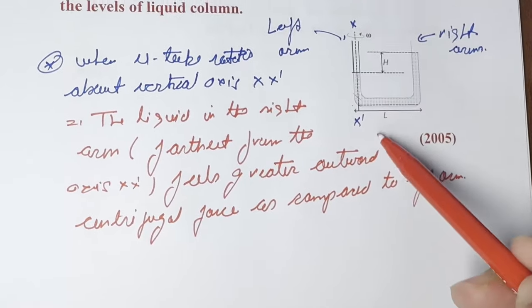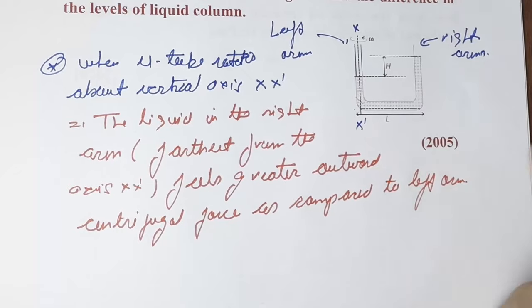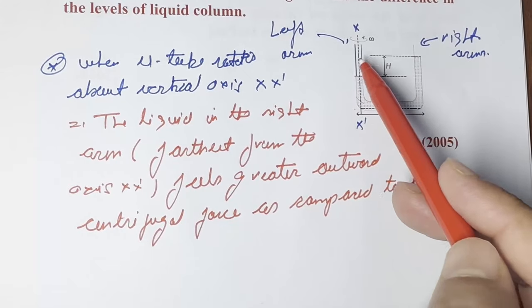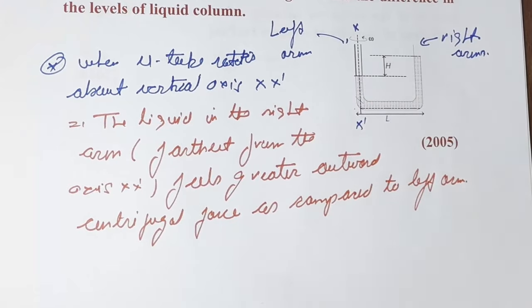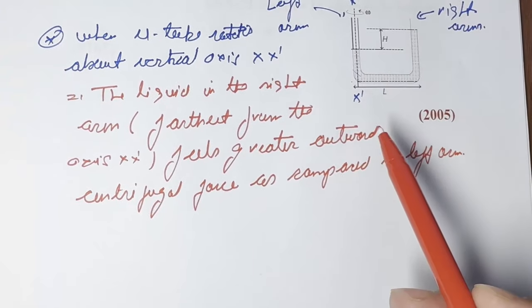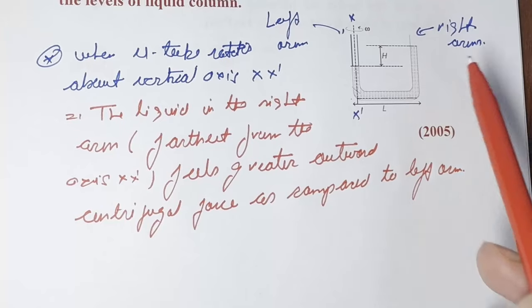Because the left arm is very close to the axis, or we can say the left arm and the axis almost coincide, the entire centrifugal force will be on the right arm itself.